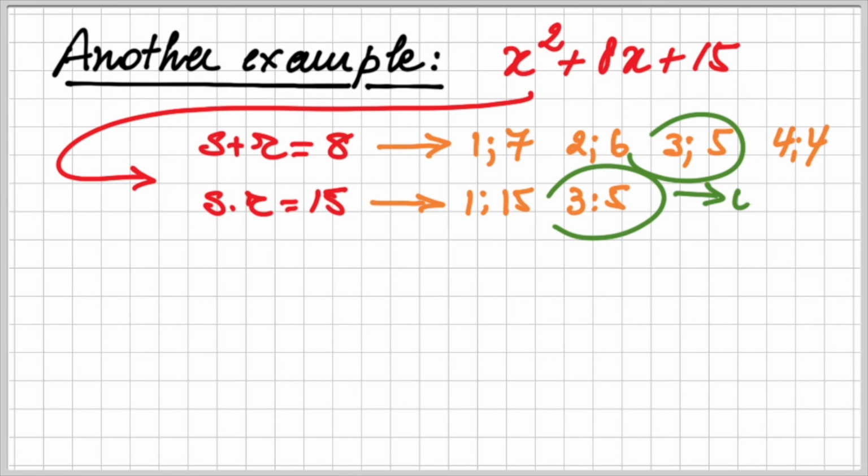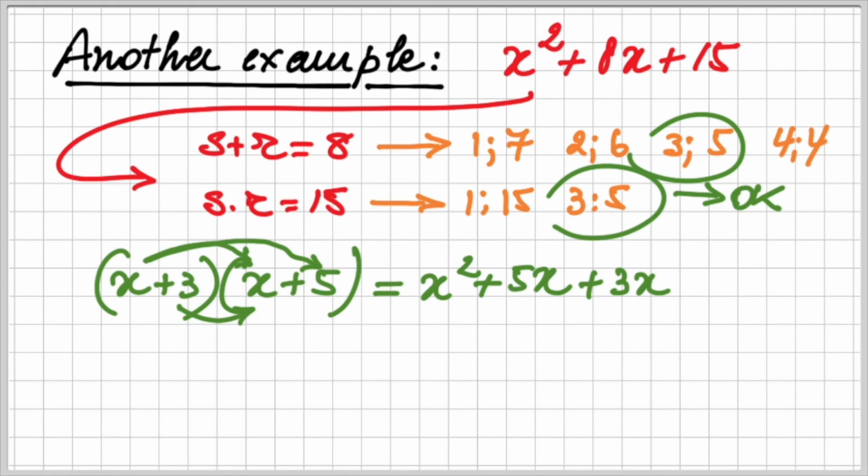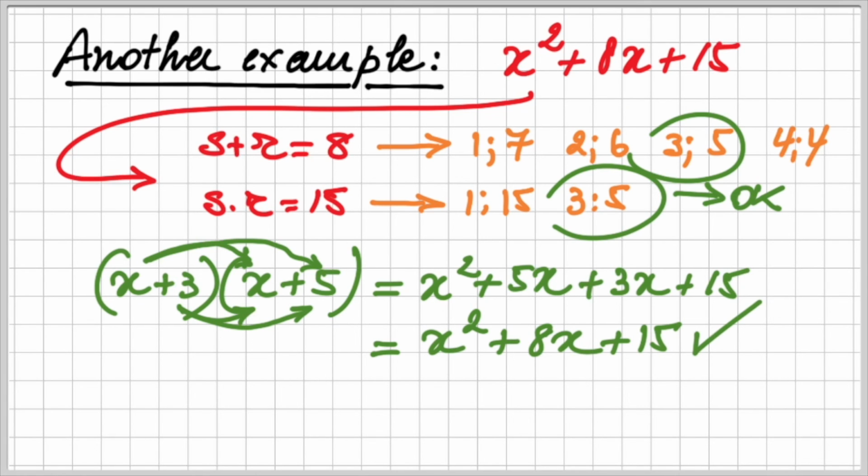So again, we see that we have one combination in common, and we can say that (x plus 3) times (x plus 5) can be equal to the result. So we do the expansion, x squared, 5x, 3x, and 15. And we find the result here, x squared plus 8x plus 15, and it's equal to the original equation. It's always important to do a check to be sure that you didn't make any errors.